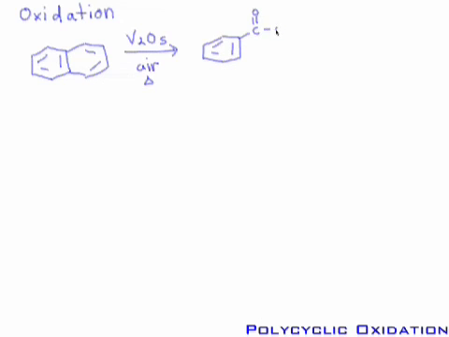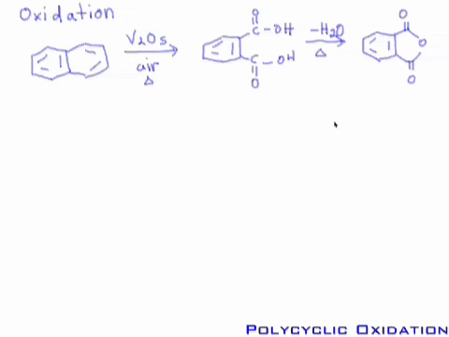Of course, if there's sufficient heat around, the phthalic acid will quickly cyclize in the presence of continued heating, losing H2O, and will produce phthalic anhydride. So phthalic acid can convert to phthalic anhydride.